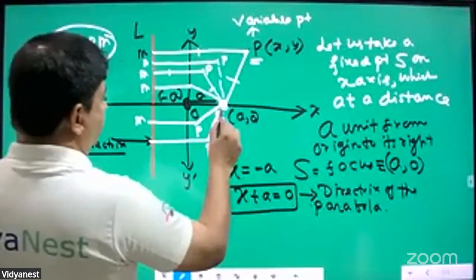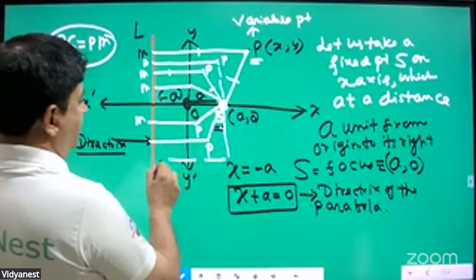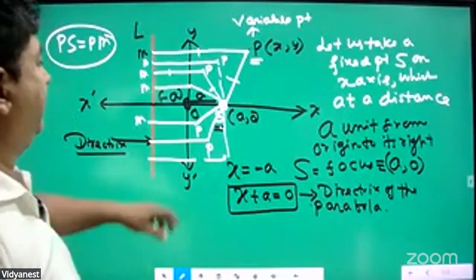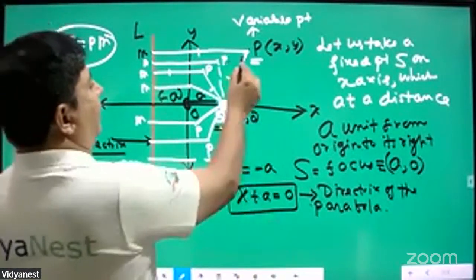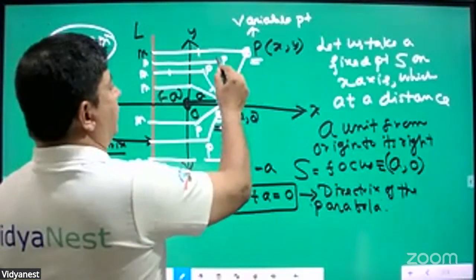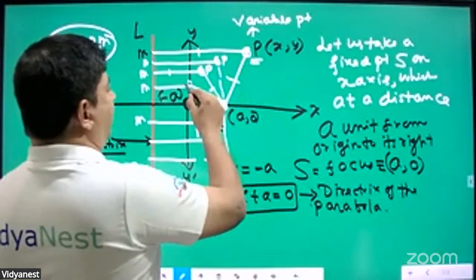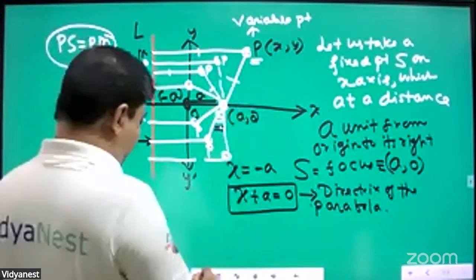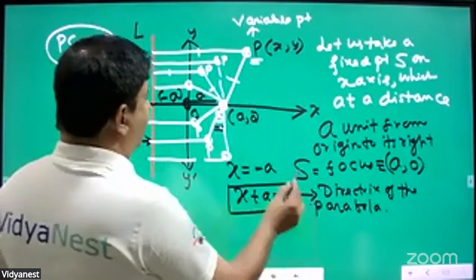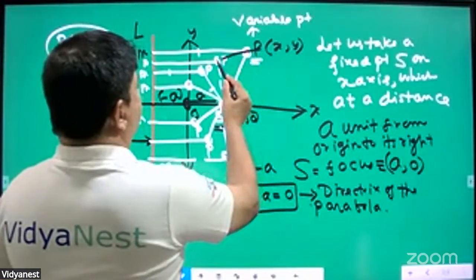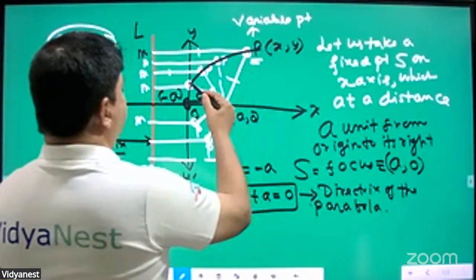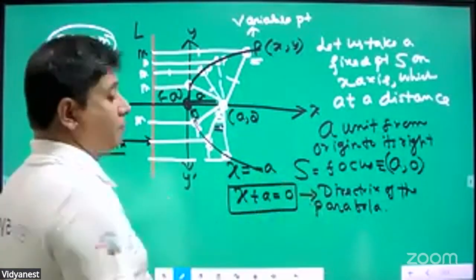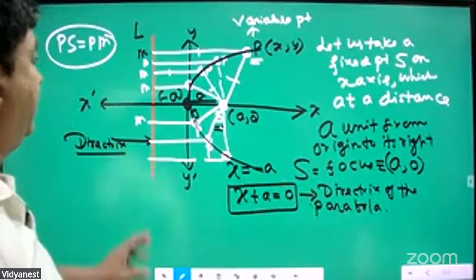The point is moving in such a way that if you join the locus formed by the point, you will get a curve, and that curve is a parabolic curve.